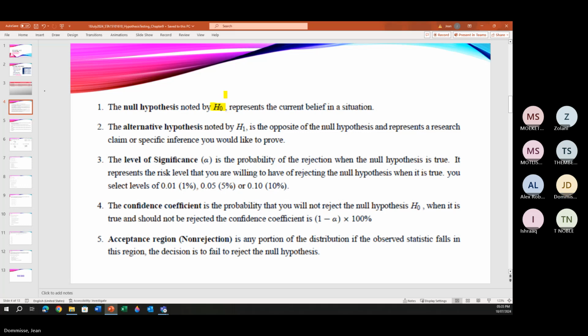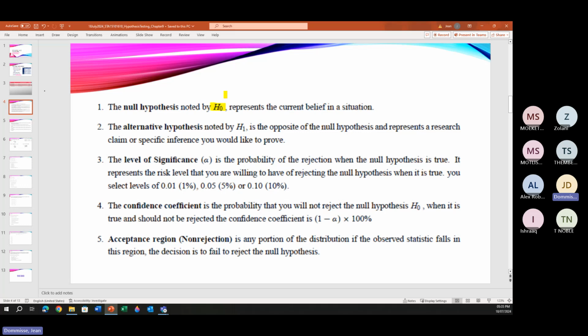If we test that the mean of a sample is something, we believe that is the mean.